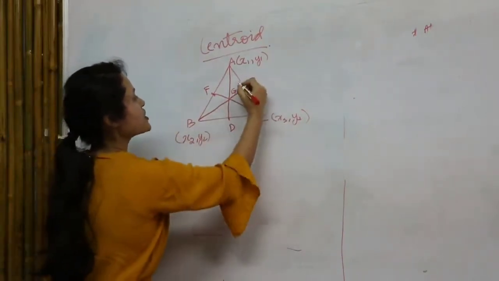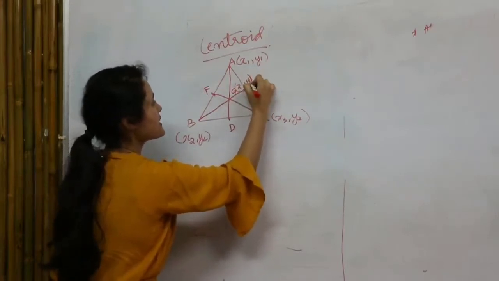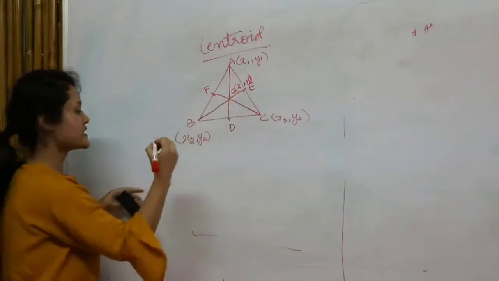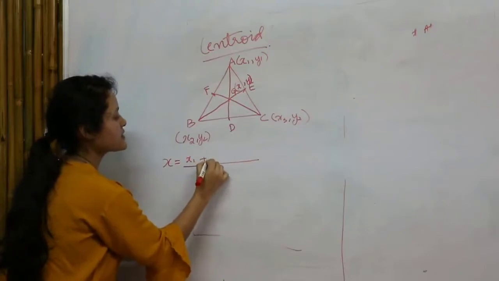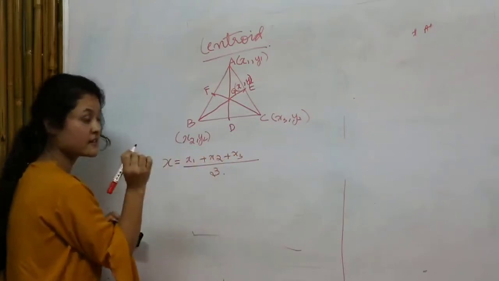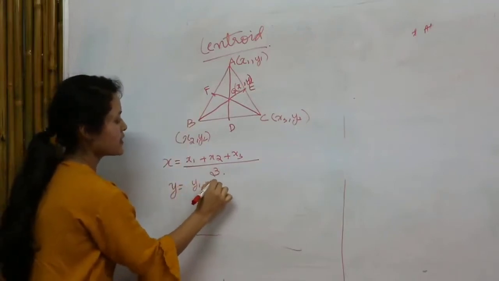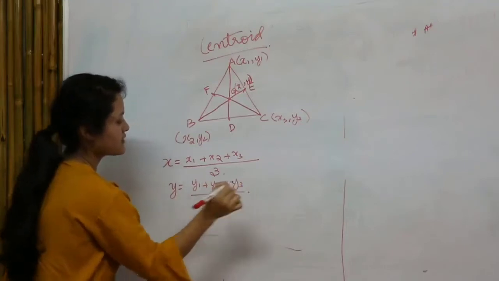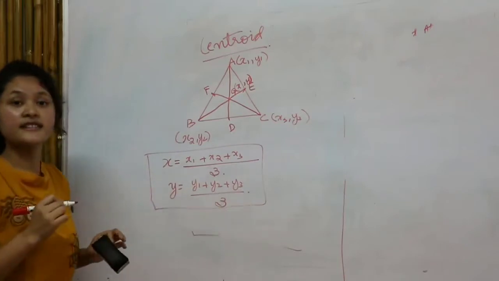Say if suppose G has coordinates (x, y). Okay. And the x coordinate of G is given by x1 plus x2 plus x3 divided by 3, and its y coordinate is given by y1 plus y2 plus y3 divided by 3. These are the coordinates of the centroid G.